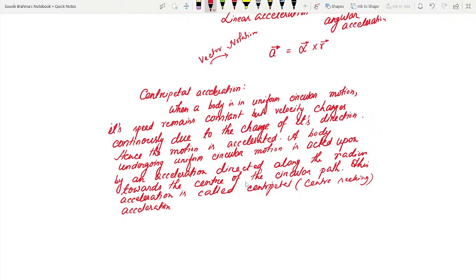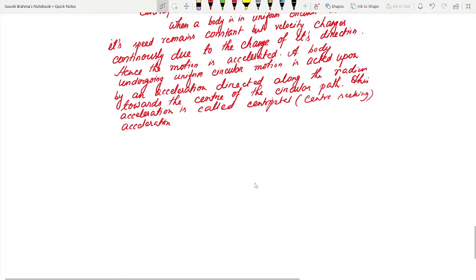Then what will be the expression for the centripetal acceleration? Let us first consider a particle moving along a circular path.